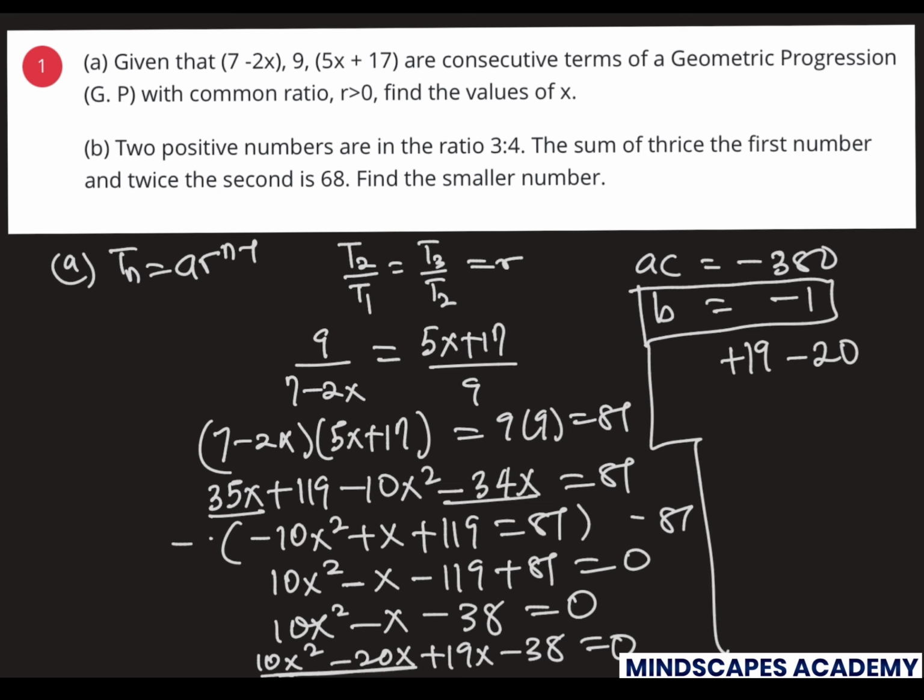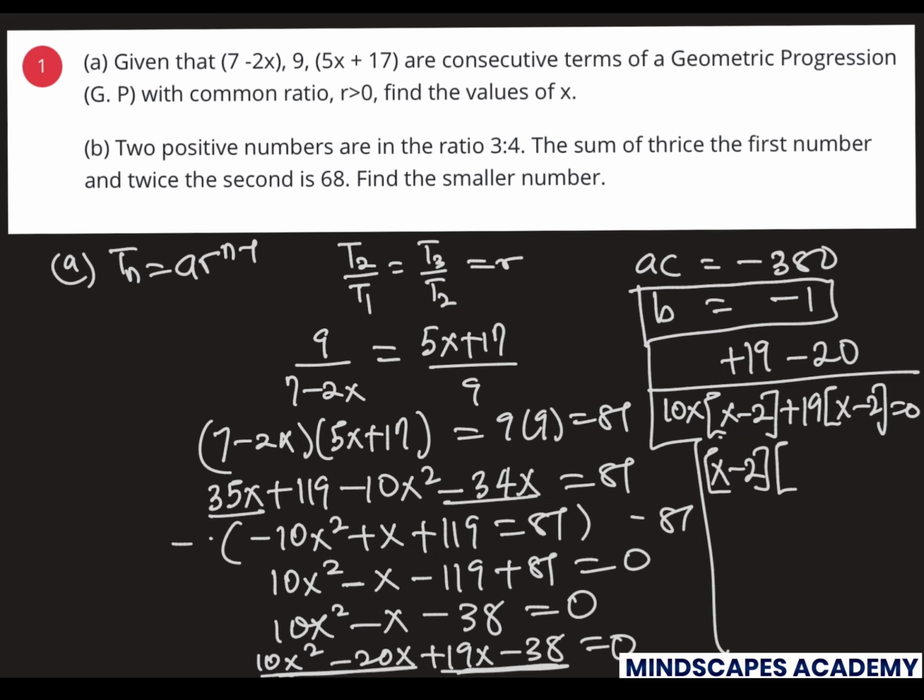That is 10x into x minus 2. Now what is common here? 19 is common. That is positive 19 into x minus 2 equals 0. Now x minus 2 is common. If you take x minus 2 from here, you are left with 10x. If you take x minus 2 from here, you are left with positive 19, equals 0.